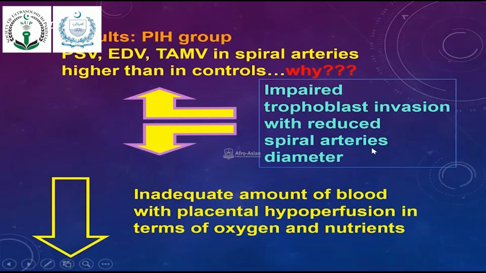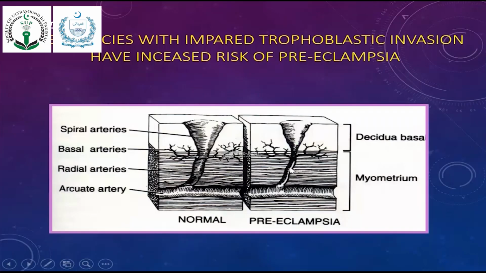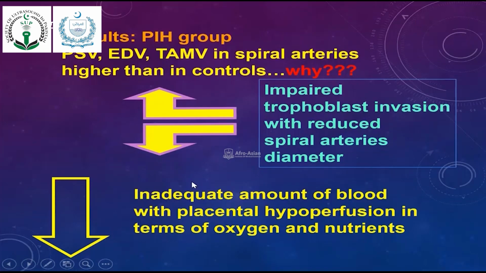So as the diameter is decreased, the trophoblastic invasion is impaired, we will have higher values, especially you can see the peak systolic velocity. Here is the reduced diameter of vessels. This is also reduced as compared to the normal. That will end up with inadequate amount of blood with placental hypoperfusion in terms of oxygen and nutrients.